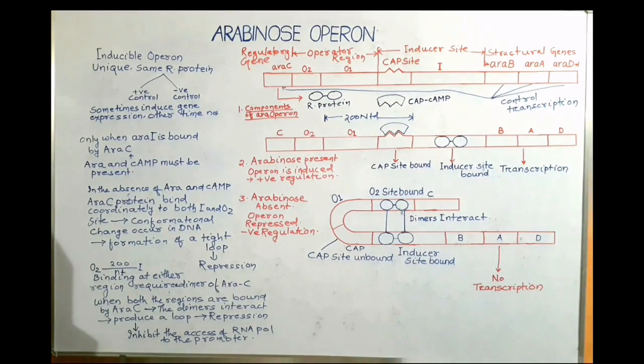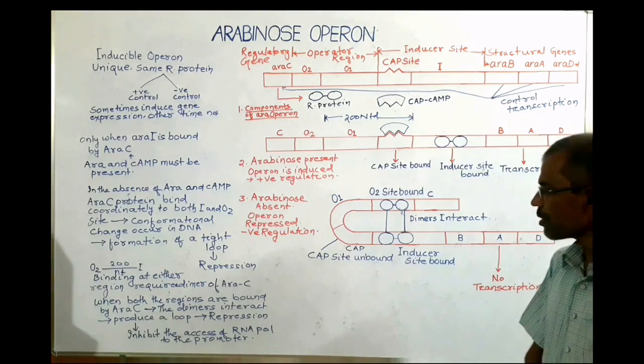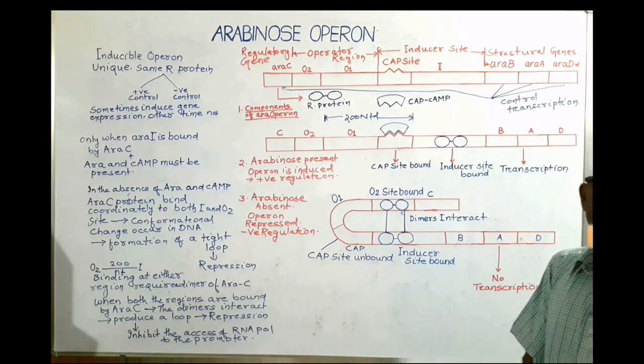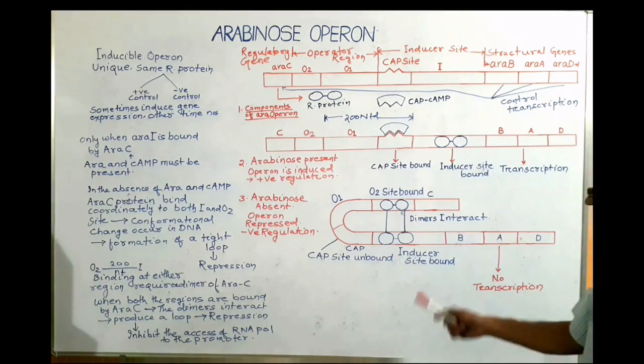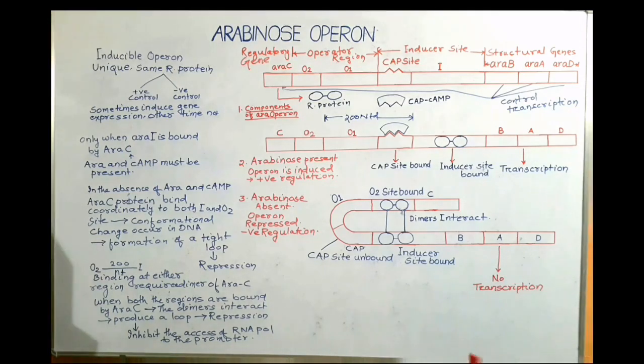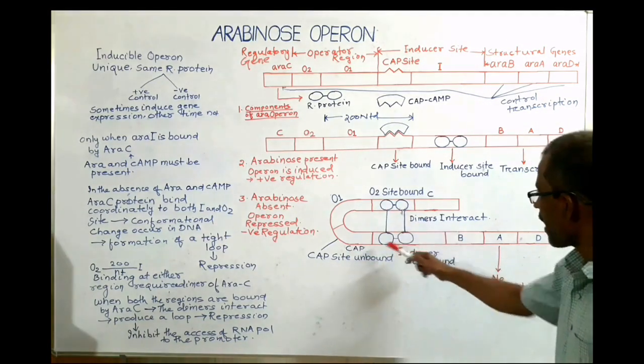Next we will see how the araOPERON is repressed. In the absence of arabinoids and cyclic AMP, the regulatory protein known as araC binds coordinately to both the O2 site and I site.